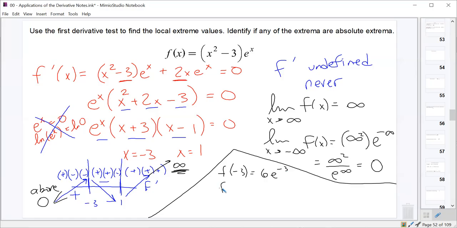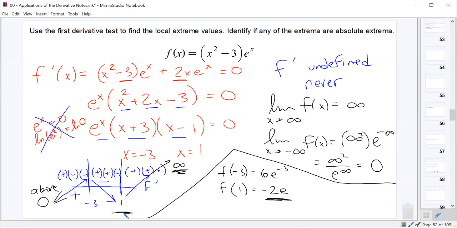And then f of 1 is 1 squared, which is 1, minus 3, which is -2, times e to the first, which is just e. And so we can see that as we follow along the trajectory of this graph, we're going to get to a value of -2e, which is a local minimum.